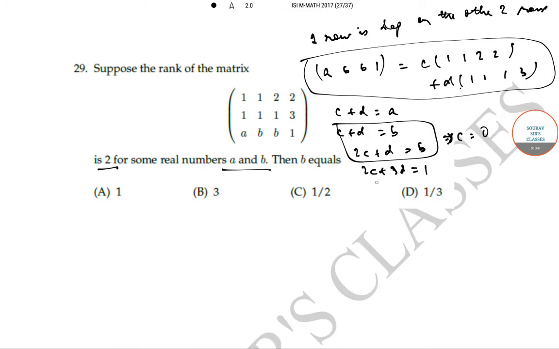Now putting C is equal to 0 in this, we get D is equal to 1 by 3. And since C plus D is equal to B, C is 0. So B is equal to D is equal to 1 by 3. Then B equals 1 by 3. So the correct option is option D.